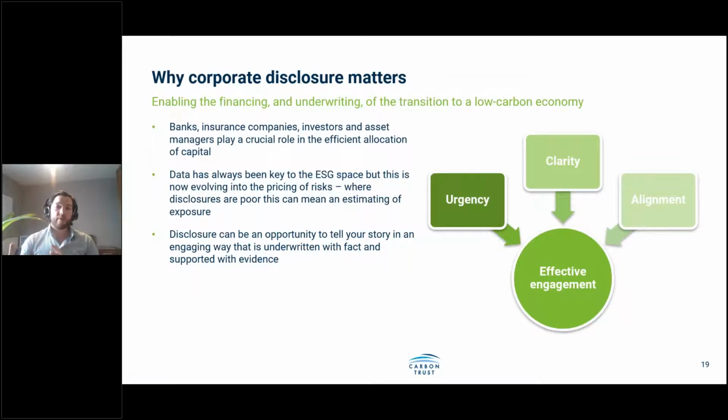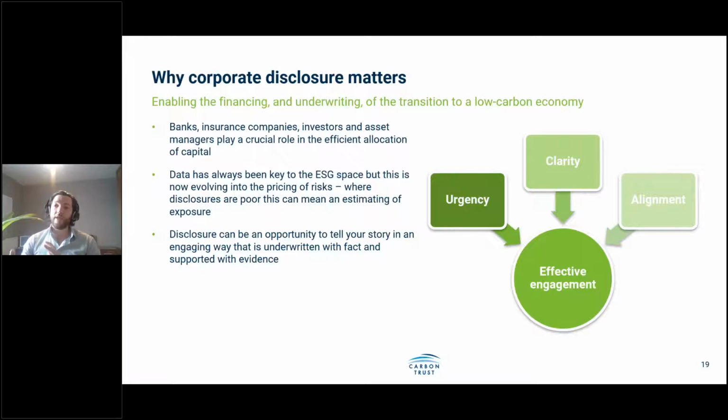So that also means that they are assessing those risks outside of what is disclosed and outside what is presented to the market by the individual companies. So there's a proliferation of tools and methods out there to assess risk in the absence of the right information. And what we also see is that disclosure is moving from being ESG on the basis of performance to ESG on the basis of pricing of risk.